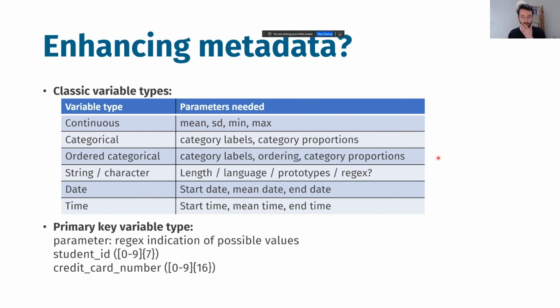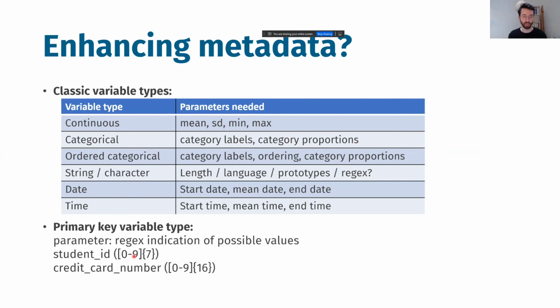Well, you can read all of that. That's something that you may be interested in. And for databases, we may even want to specify that a certain variable is a primary key if you want to link it to other tables, right? And then you could have as your parameter, that's just a thought that I had yesterday, some kind of indication of possible values.